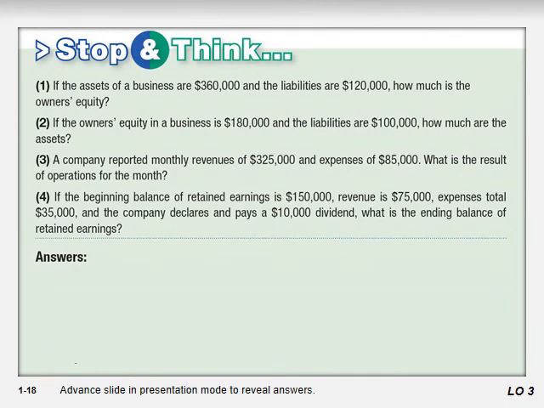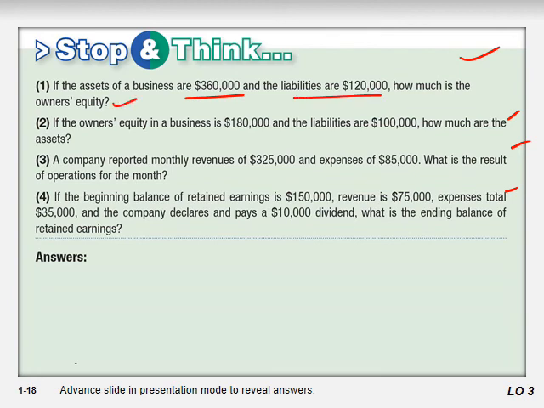I have included a very critical concept checker here. Just stop and think for a while, read questions 1 to 4 and try to answer by yourself. Number 1: if the assets of a business are 360,000 and the liabilities are 120,000, how much is the owner's equity?